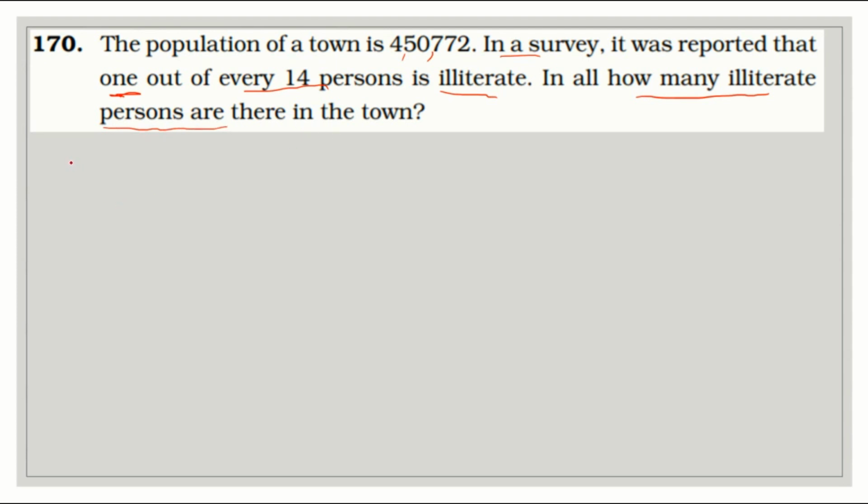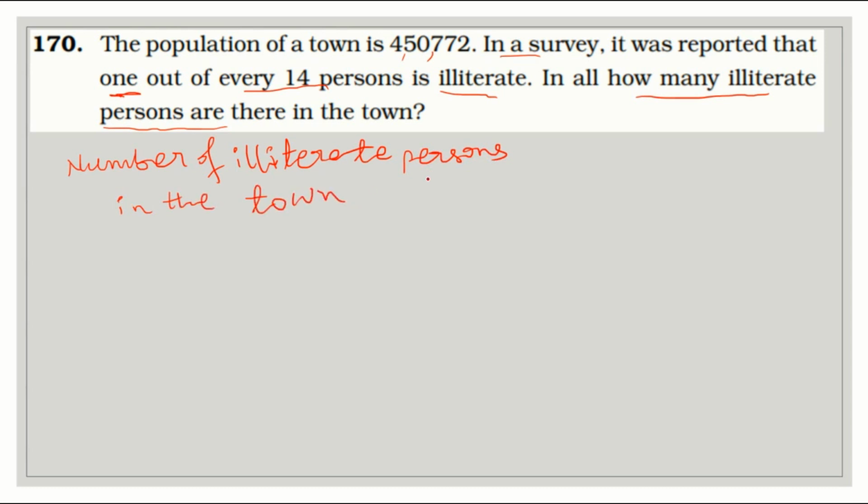See children, if you want to find out the number of illiterate persons in the town, you need to divide 4,50,772 by 14, which gives the exact number of illiterates.